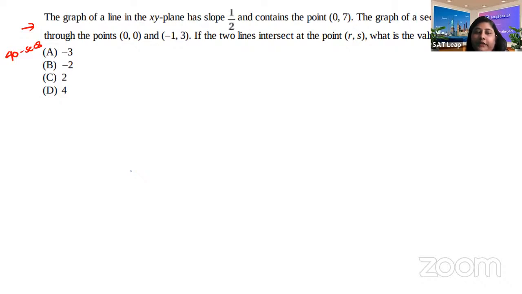There are two lines given, and you have to form the equation of a line first.